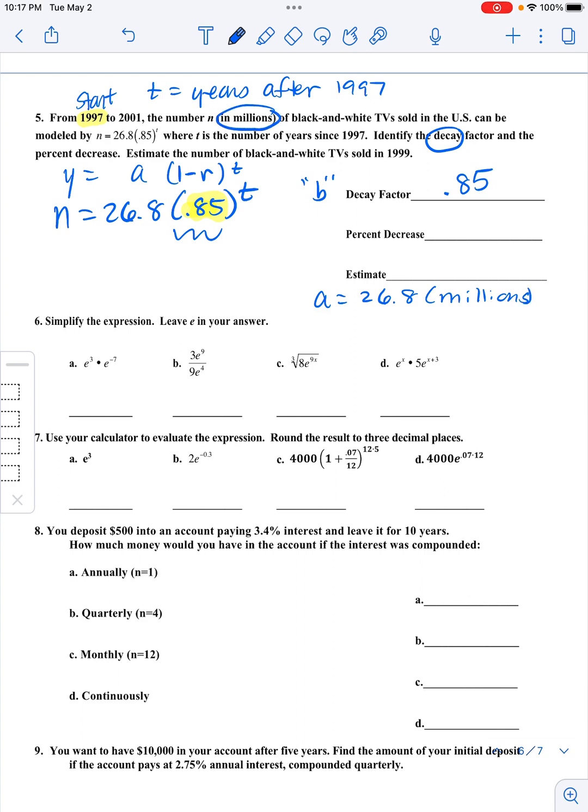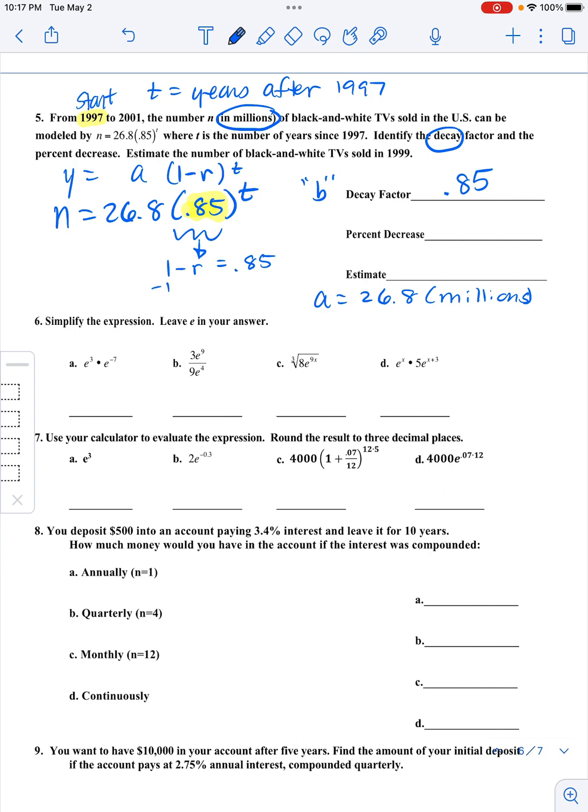But what about percent decrease? So that's kind of confusing. What I like to think about is that 0.85 came from 1 minus whatever the percent rate was. And so then I'm going to go ahead and take this away to kind of figure out what that would be, and think, all right, I got 0.85.